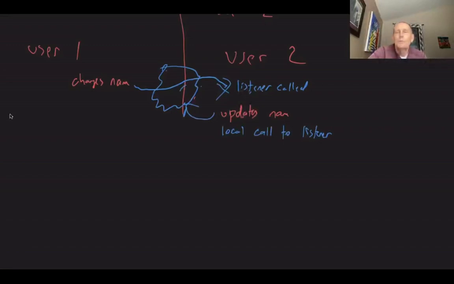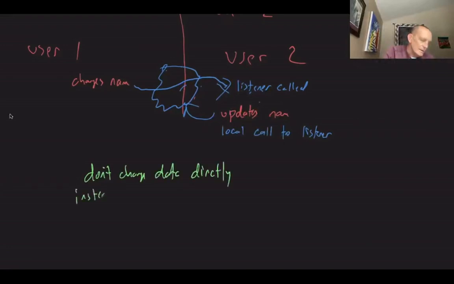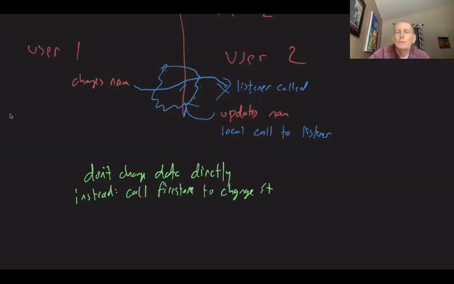And so your program can operate by, when the user has done something that requires data to change, don't change the data directly. Instead, call Firestore to change it. And Firestore is then going to call your listener, and your listener is going to re-render with that new data. So that fits in perfectly with how React works.